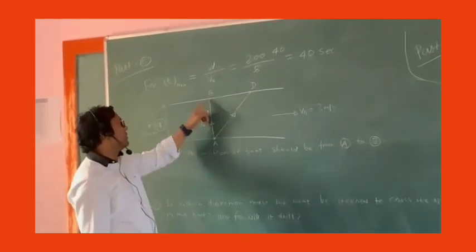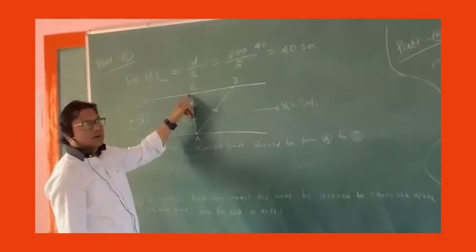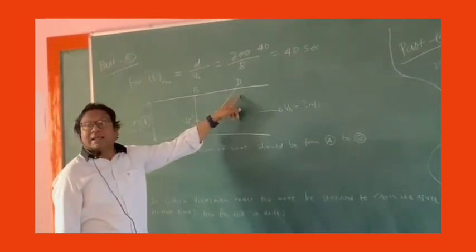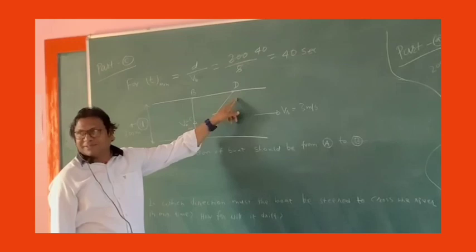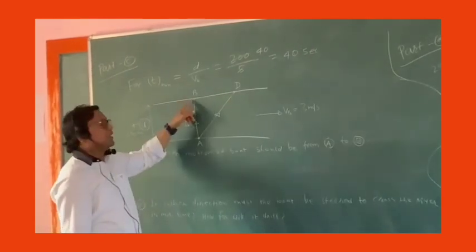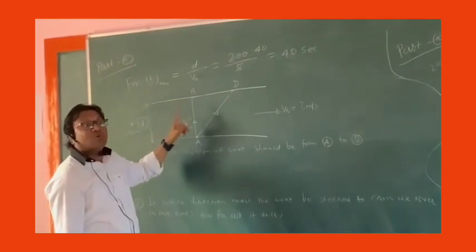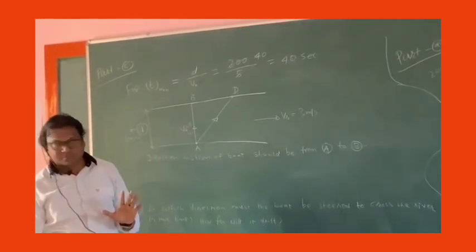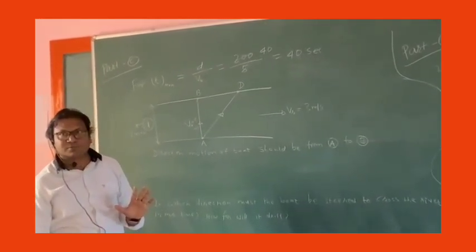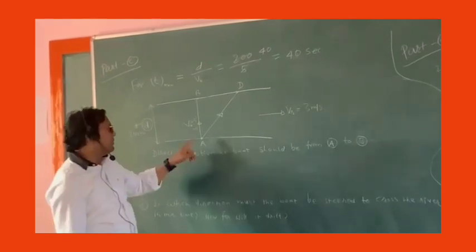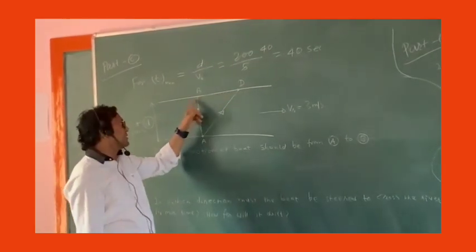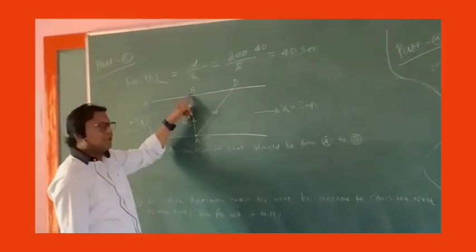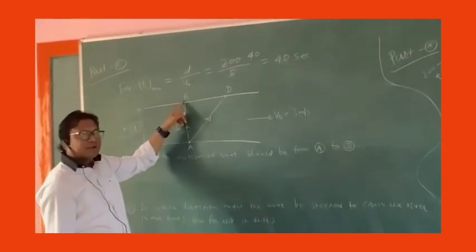Basically, if you draw a perpendicular here, BD is the distance traveled along x-axis indirectly, and AB is the distance traveled along y-axis indirectly. Did you get it all? If you travel A to D, then along x-axis you travel BD. Along y-axis you travel AB.